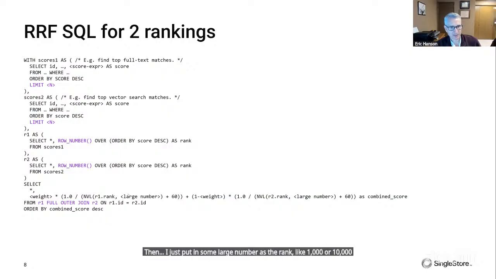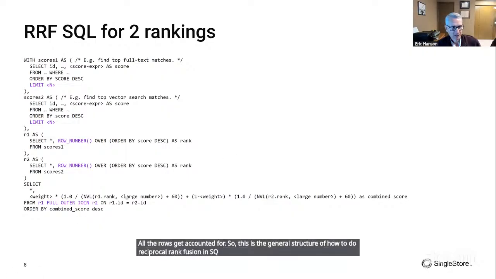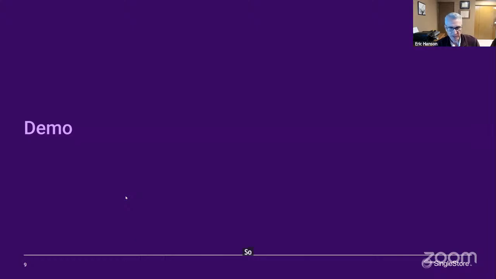That way it will get very little weight contribution, but I still want to produce a little bit of weight contribution so all the math works out right and all the rows get accounted for. So this is the general structure of how to do reciprocal rank fusion in SQL. Now let's demo it.